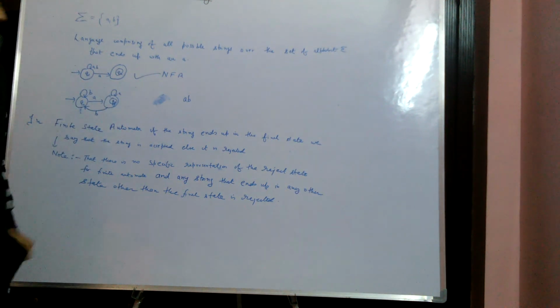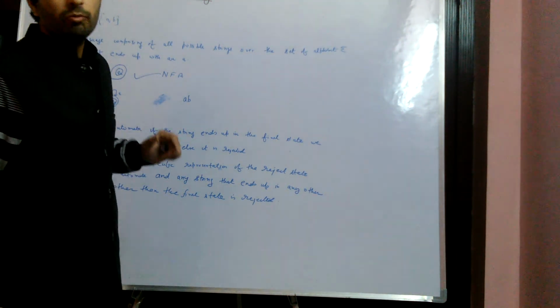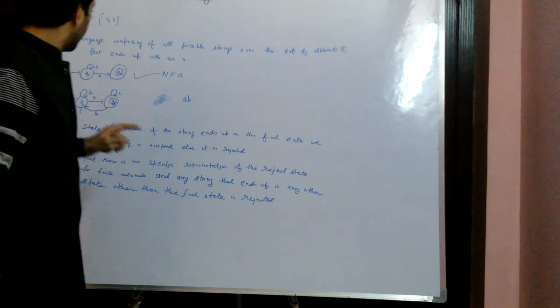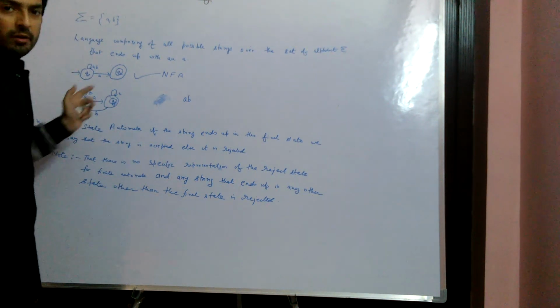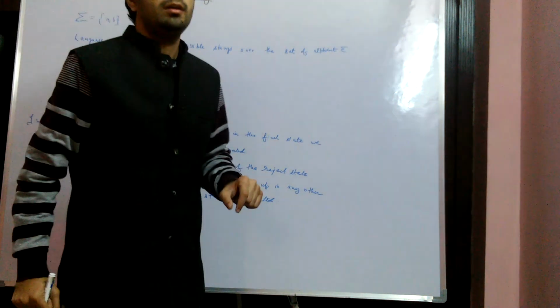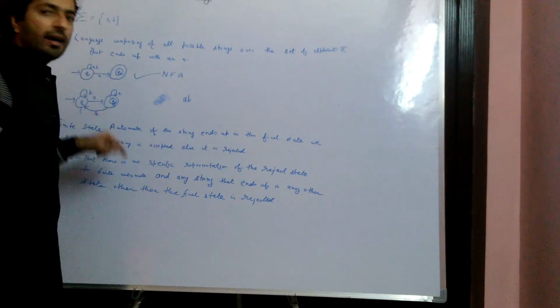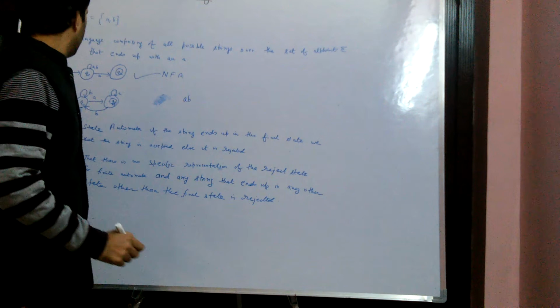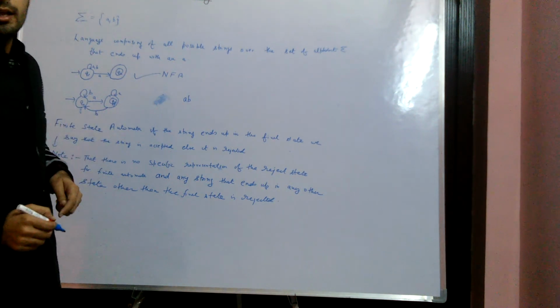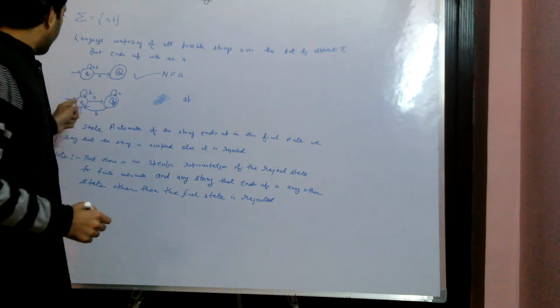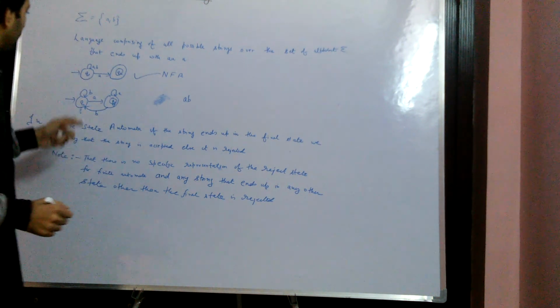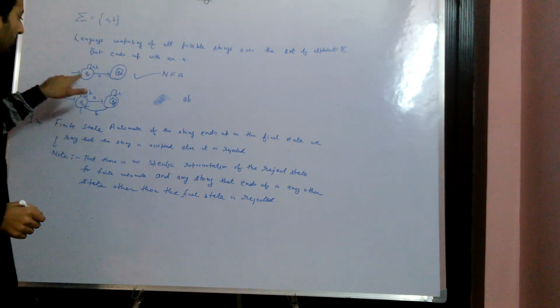We know that what we want is an A at the end of the string. We're not encountering an A, we are encountering a B, so we will be waiting for an A. And it might be that there is an A ahead of this B. We don't know whether this B is the last B or there is any other alphabet after this B also. So we are just waiting for any other alphabet.